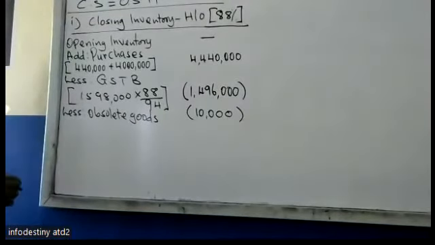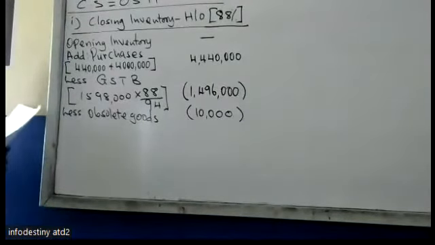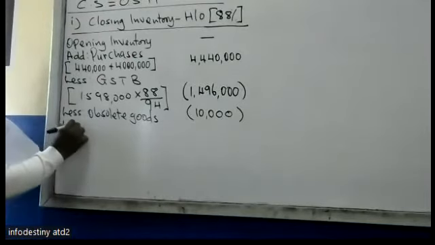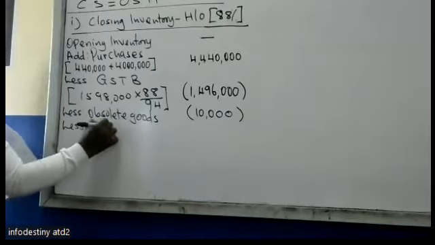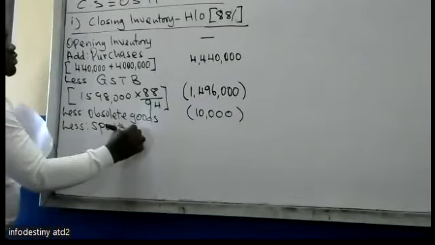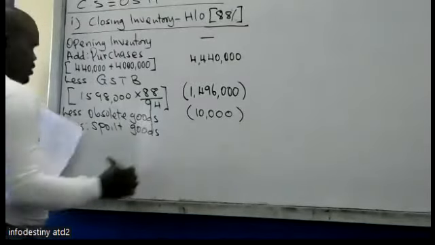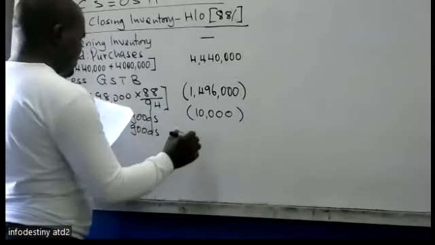Then bullet 2, packaging materials at the head office which had cost 5 was done what? Spoiled. You less also. So less spoiled goods. That is 5.